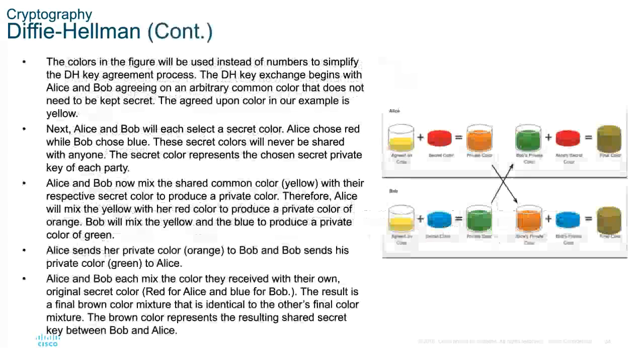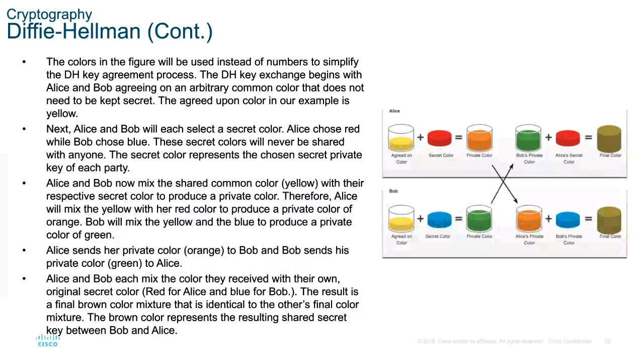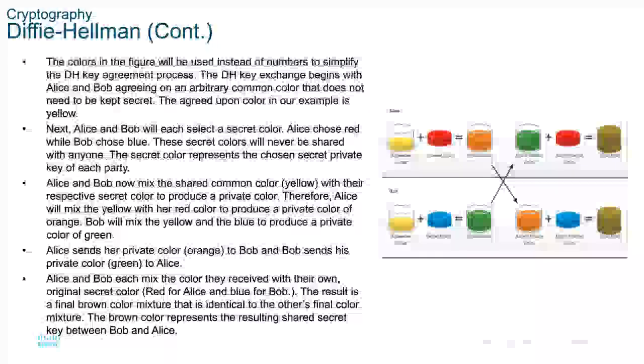So how does this work? If you have a look at the top one, Alice has agreed to use yellow with Bob. They then add the secret color, which is the key index, and it creates a private color. Bob does the same thing, and as you can see, Alice came up with orange, Bob came up with green.